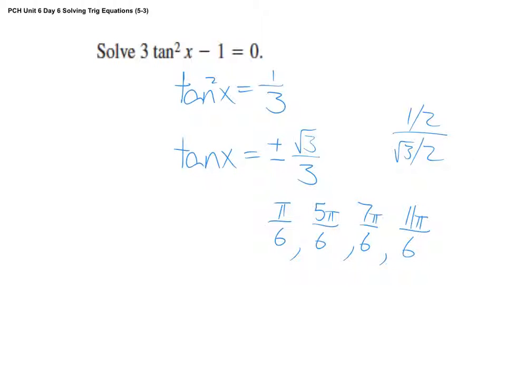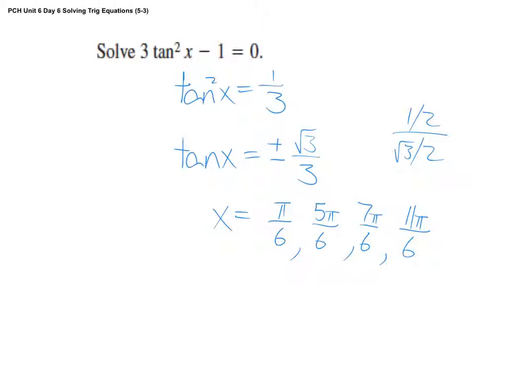Because we end up squaring it, it doesn't matter if we plug in a positive root 3 over 3 or a negative root 3 over 3. The negatives will be canceled out. So here, once you identify that reference angle, you notice you have all 4 answers. Now, it would be nice, just as a mental exercise if nothing else, to make sure that you're recognizing which ones are coming from which.